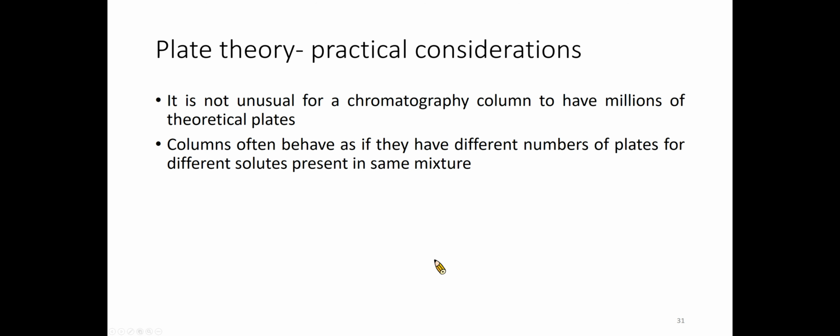It is not unusual for a chromatography column to have millions of theoretical plates. Columns often behave as if they have different numbers of plates for different solutes present in the same mixture.